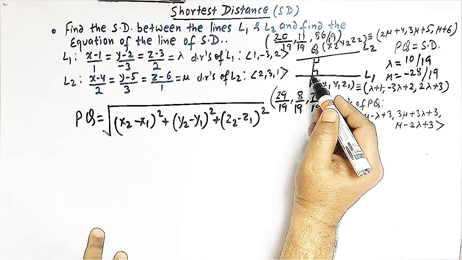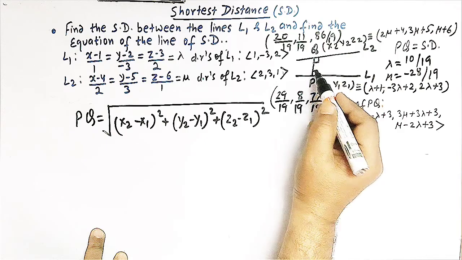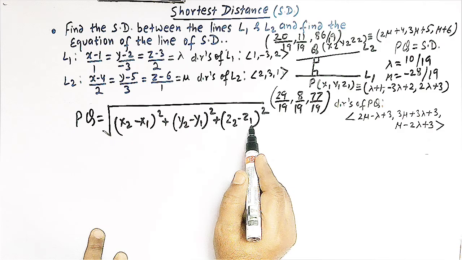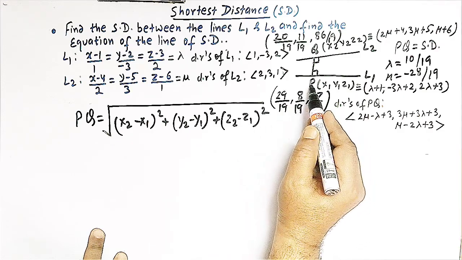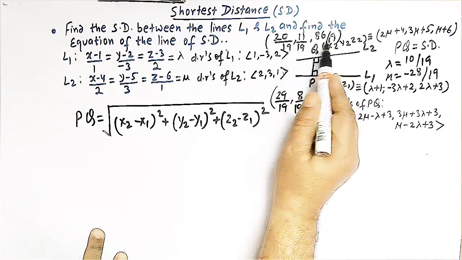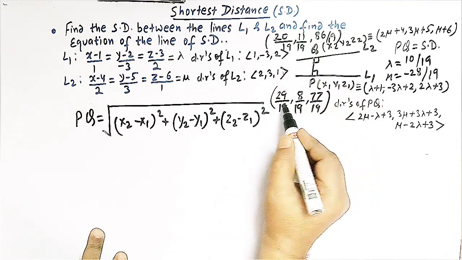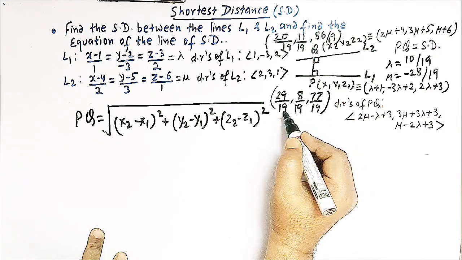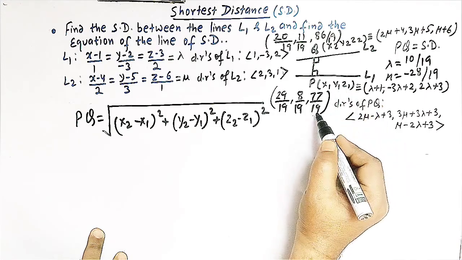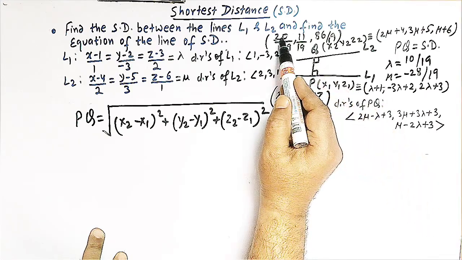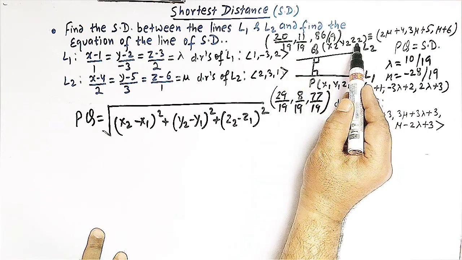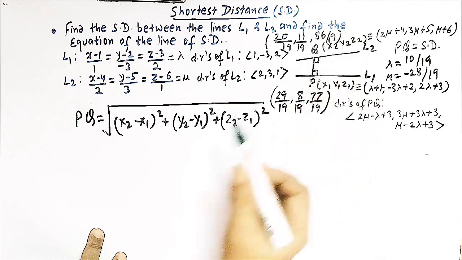So now the distance, that is the shortest distance PQ, can easily be calculated by using the distance formula. So the coordinates of point P are known to us. Similarly, the coordinates of the point Q are also known to us. So here x1 is 29 over 19, y1 is 8 over 19, z1 is 77 over 19, and x2 is 20 over 19, y2 is 11 over 19, and z2 is 86 over 19.